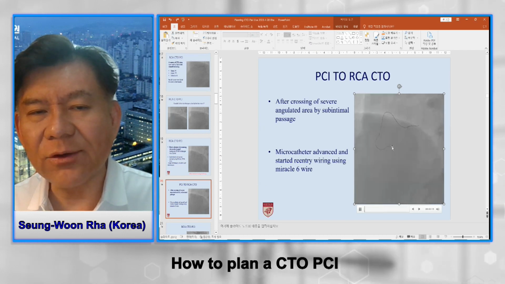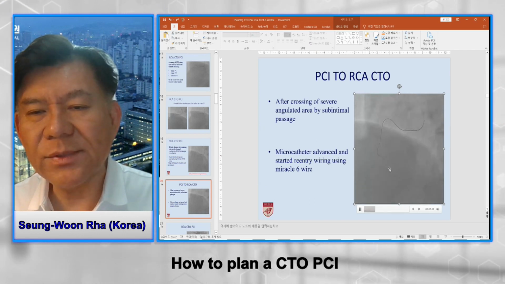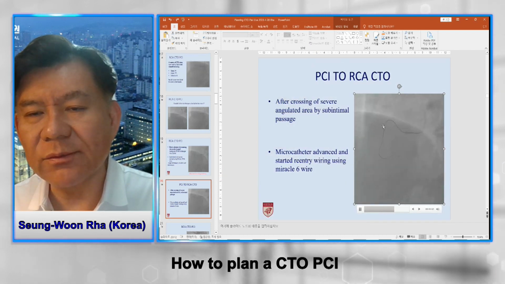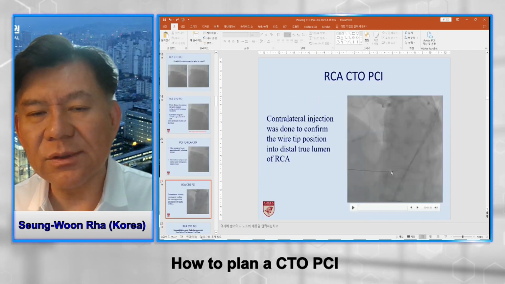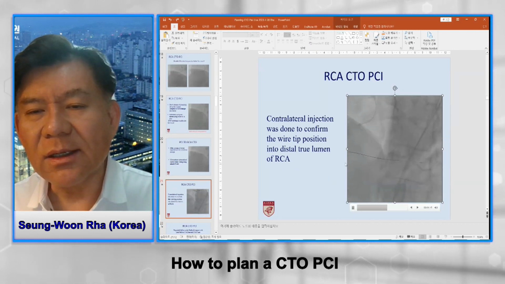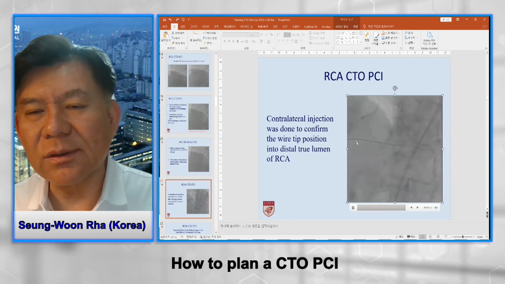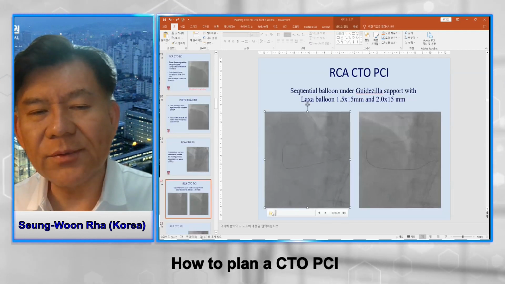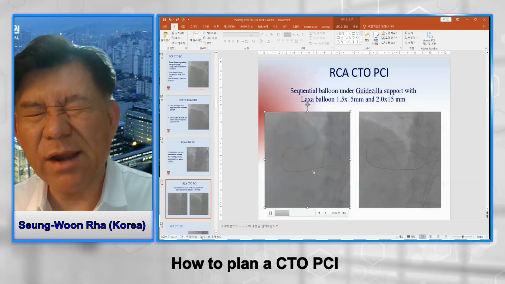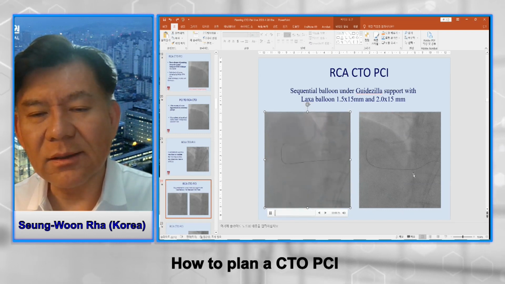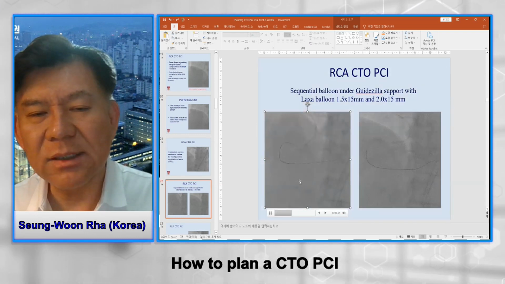So by the angulated area, by subintimal passage with microcatheter support, the wire went into the vessel contour and entered the distal area. However, the contrast injection looked not so close to the wire course. So from the mid portion of the RCA, he changed to CTO wiring, an intraluminal passage attempt, but failed.